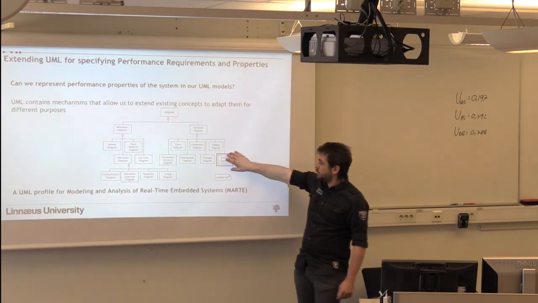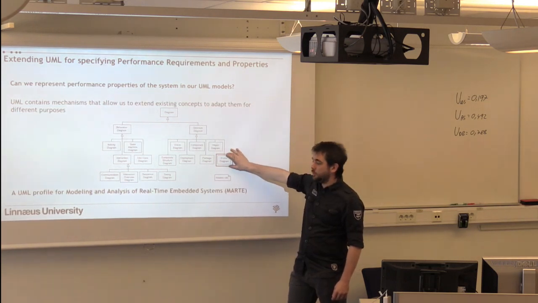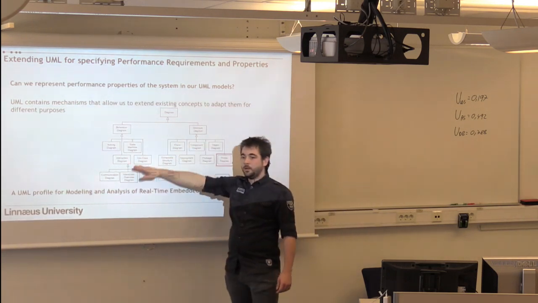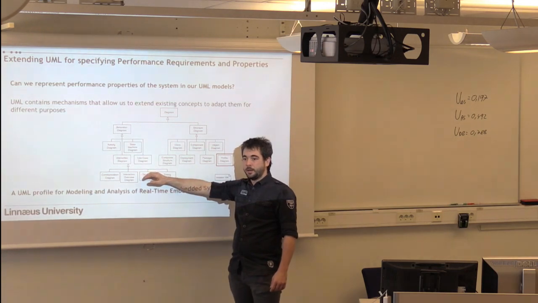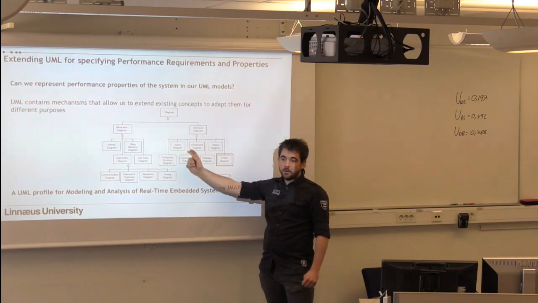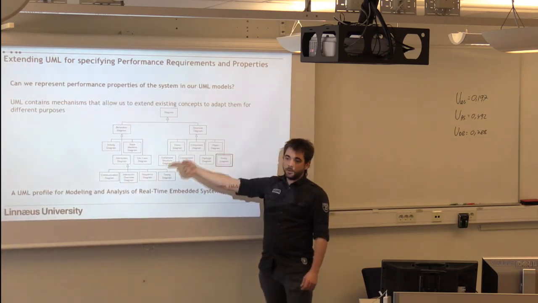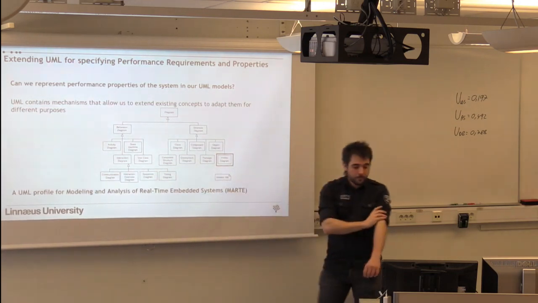This profile diagram is not used to represent a system as the rest of the diagrams, but is used to extend the capabilities of the rest of the diagrams. So if we need to represent a system and the UML language does not have enough capability, we can create a profile diagram to extend the capabilities of the rest of the diagrams.